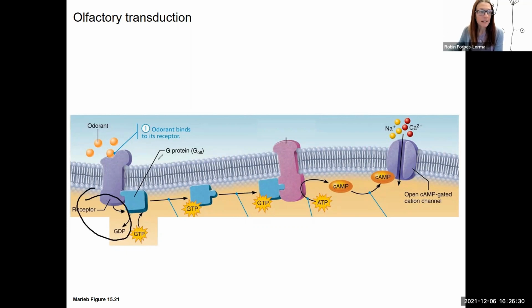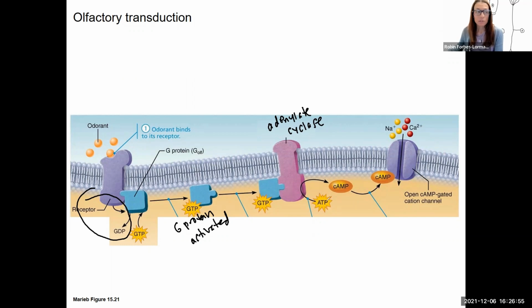This G protein is activated. So that's actually what's happening here. G protein activated. And the G protein stimulates, what do you think this is? This is adenylate cyclase. This is the pathway that you know. Adenylate cyclase is activated.